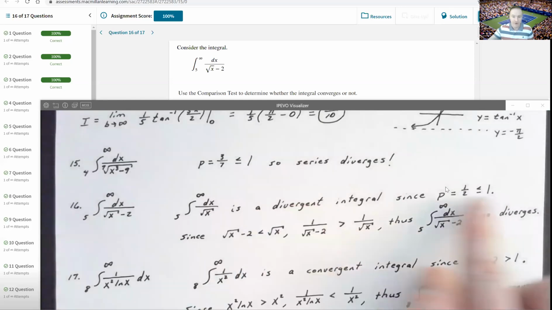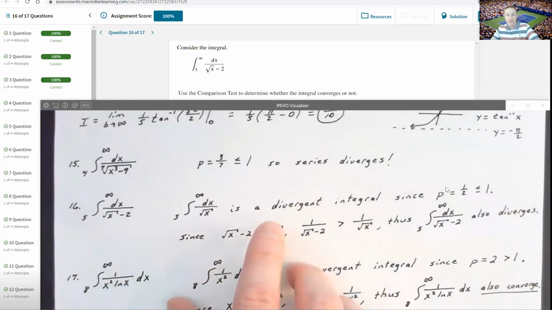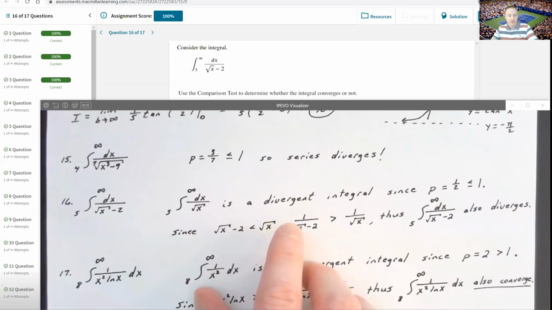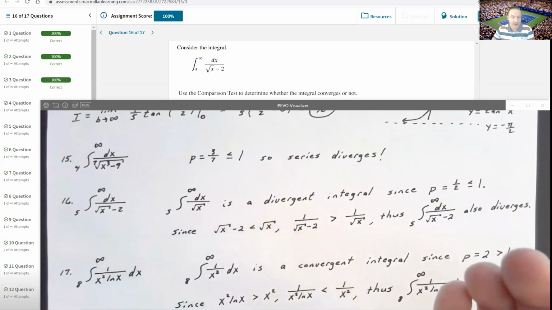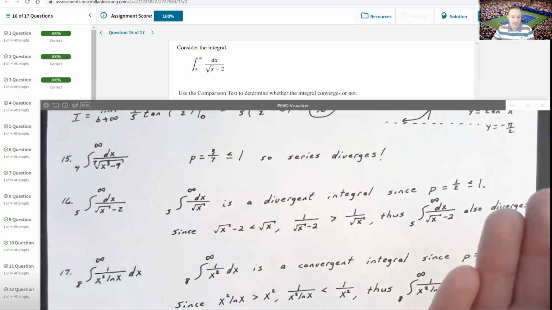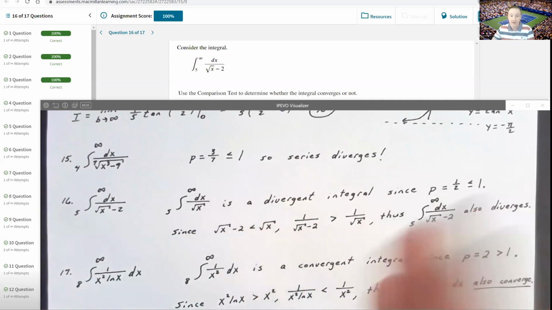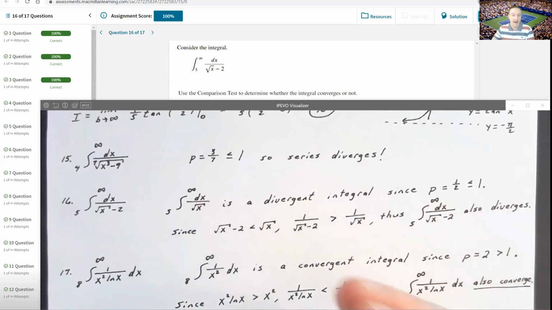And of course, you don't have to do this, but I wanted to this time. So it's really the same logic as the last one. You could look at it and just say, John, the denominator is x to the 1/2 power. Numerator is 1. The difference is 1/2. Therefore, this problem is going to diverge. End of story. It really is.